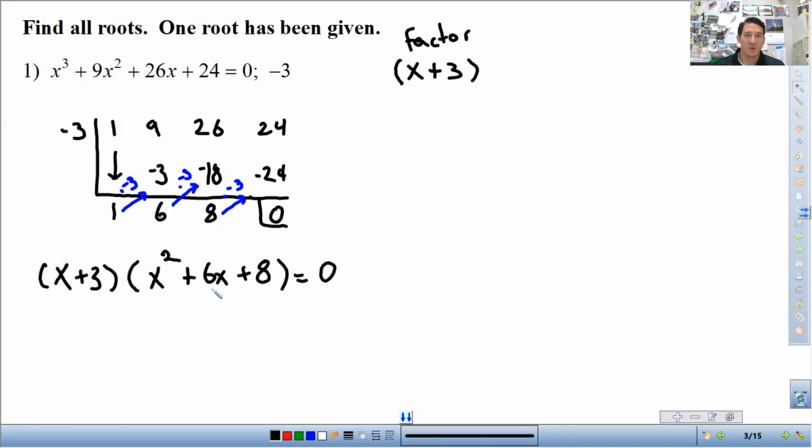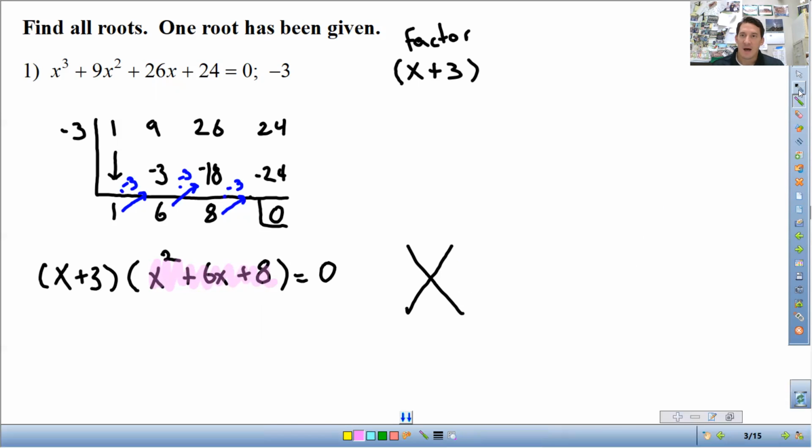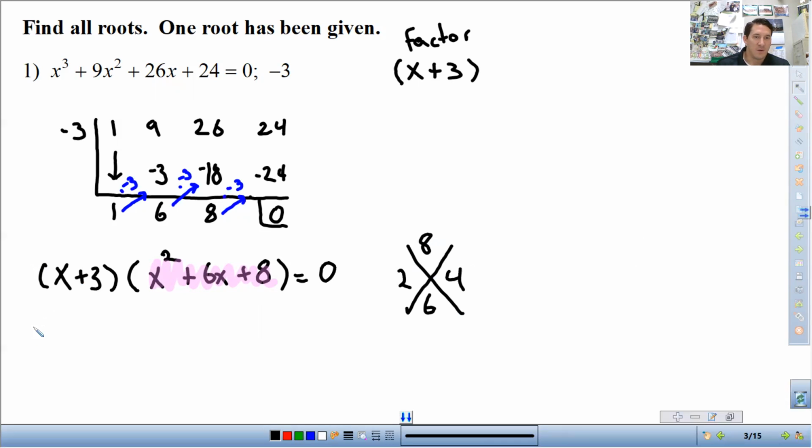Now what we're going to do is factor the remaining part, what we divided by here. It's 8 on top, 6 on bottom. The factors of 8 that add to 6 are 2 and 4. So all the factors are x plus 3, x plus 2, x plus 4 equal to 0.